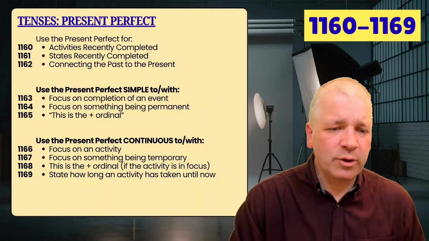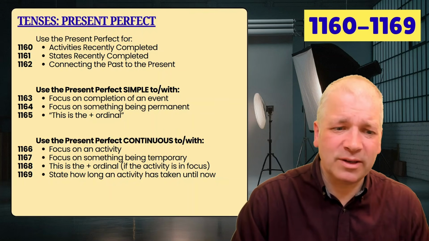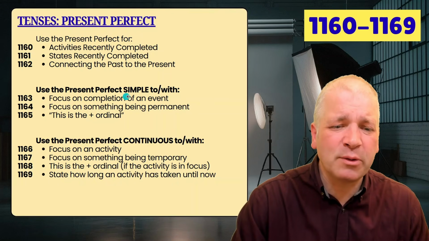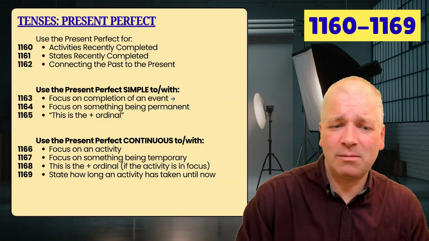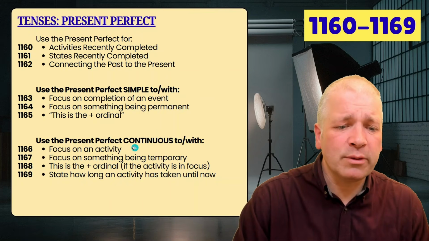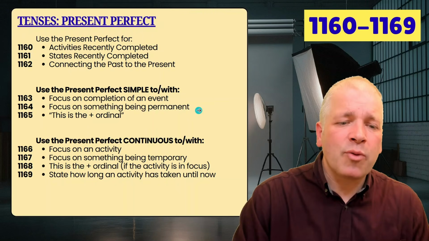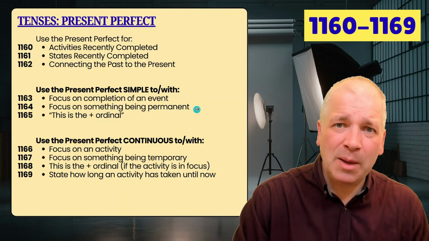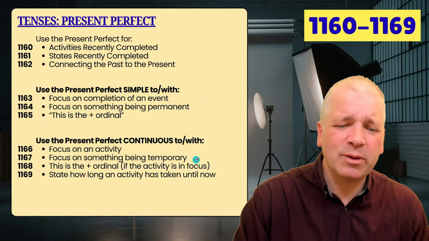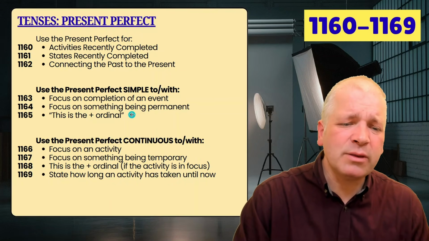Now, why are we choosing between the present perfect simple or continuous? Present perfect simple focuses on completion of event. Present perfect continuous focuses on the activity itself. The present perfect simple, something being permanent. Present perfect continuous, temporary. Some other phrases. This is the ordinal.